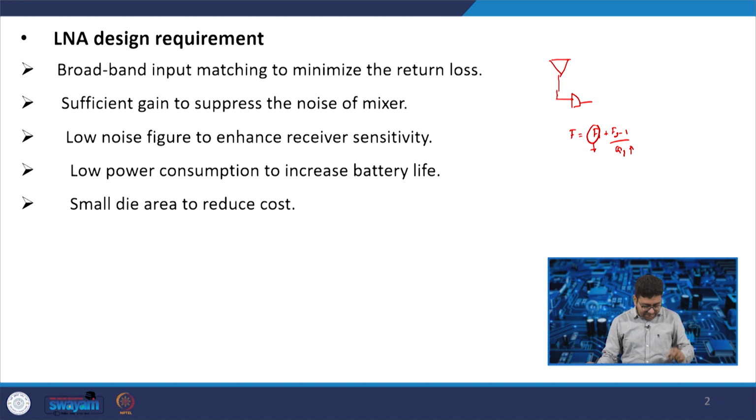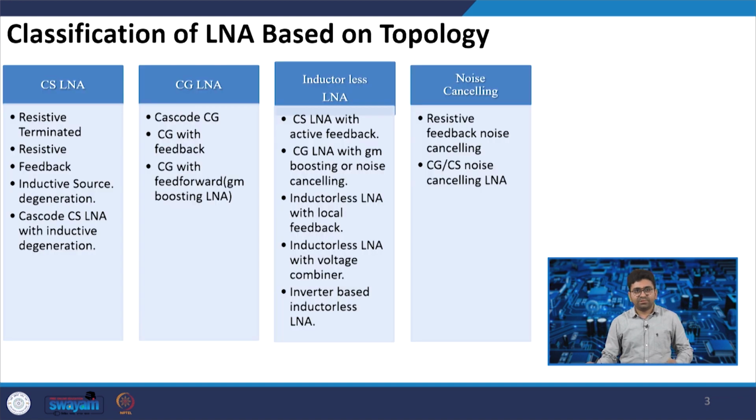Now let us see what different kinds of topologies are studied and available in the literature. The MOSFET is mostly considered a 3 terminal device, though it is a 4 terminal device, as it has a body also. But if we consider the basic configurations of the MOSFET, there are 3: common source, common gate and common drain.